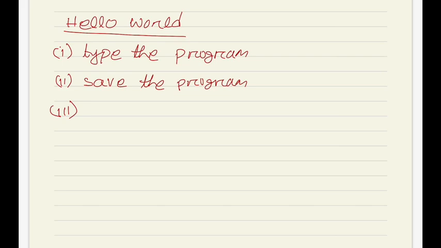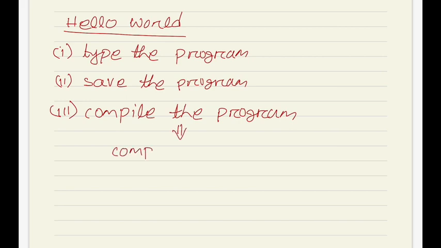So in step 3, compile the program, and it is going to output the compiled version of the program if your program does not have any syntax errors.